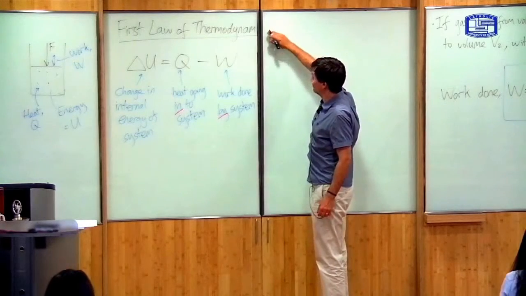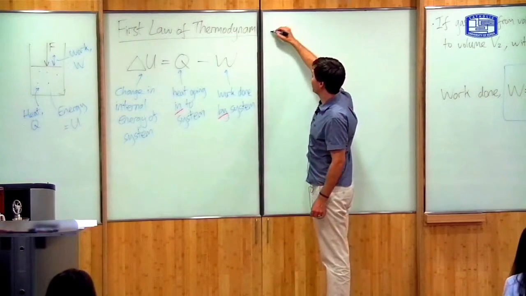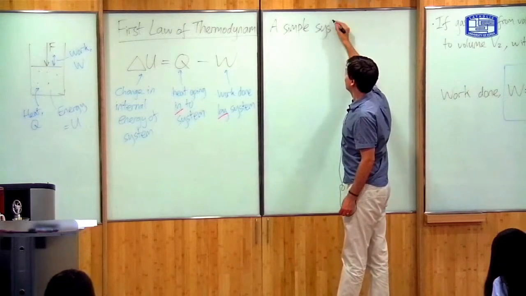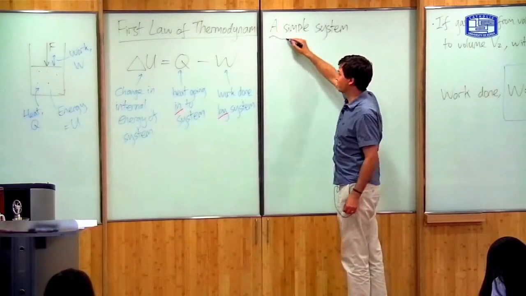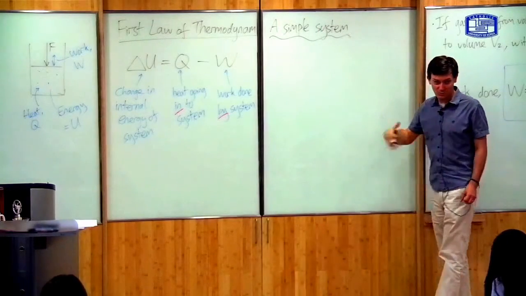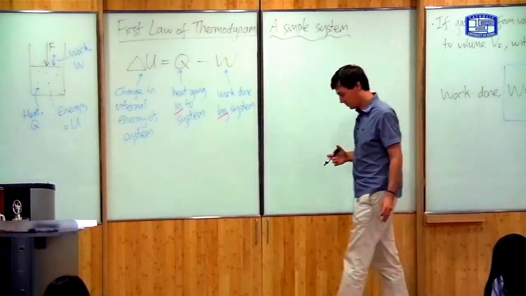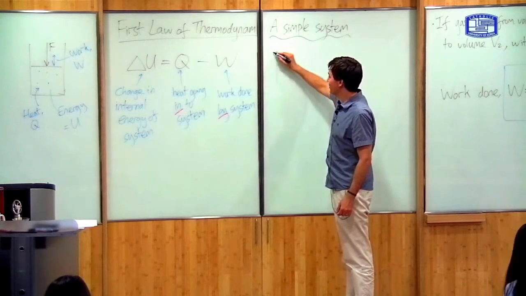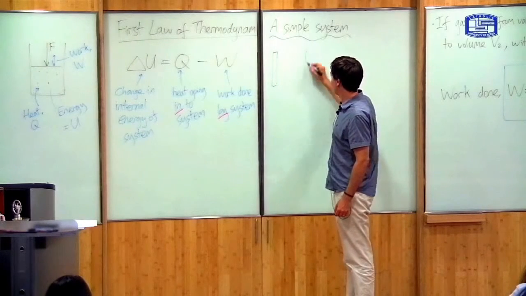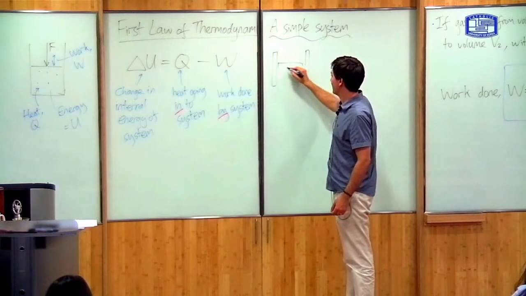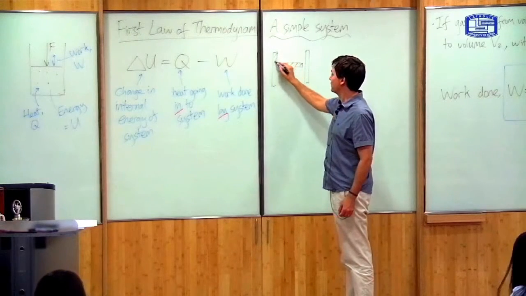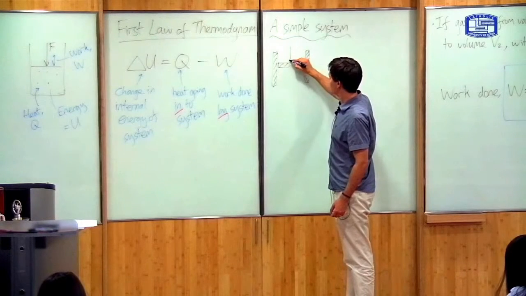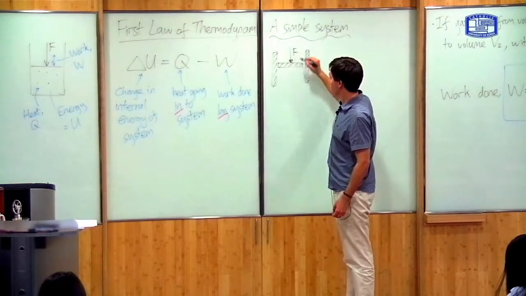In this class, I'm only going to talk about a very simple system, and then we're going to generalize this next week to more complicated things. But this simple system will show all of the important behaviors, and it's very similar to the system we've always looked at so far. So I have this gas, which is thermally isolated, with a force F on the piston.